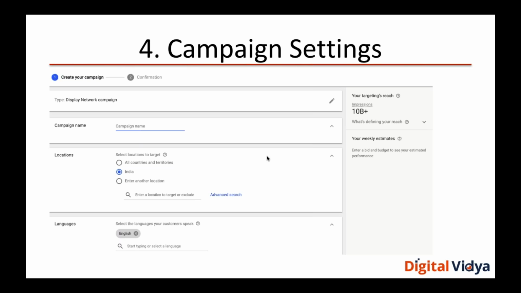If you want to target per pin code, you can add pin codes also. Is this clear? All right. Then languages. Depending upon what language your ads are of, you have to select that, and the customer speaking. So if the customer speaks English, select English. That's a default choice anyway.